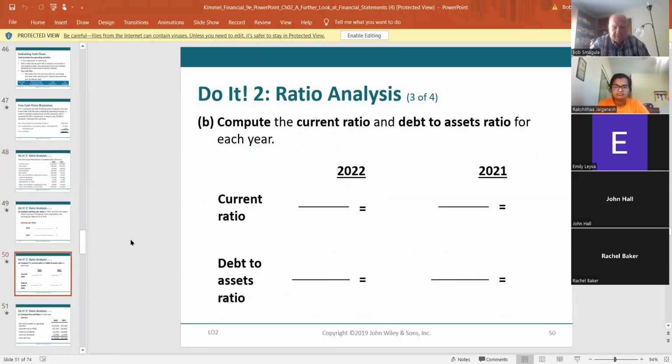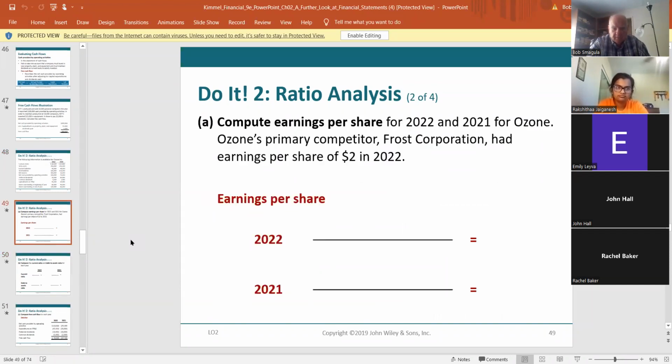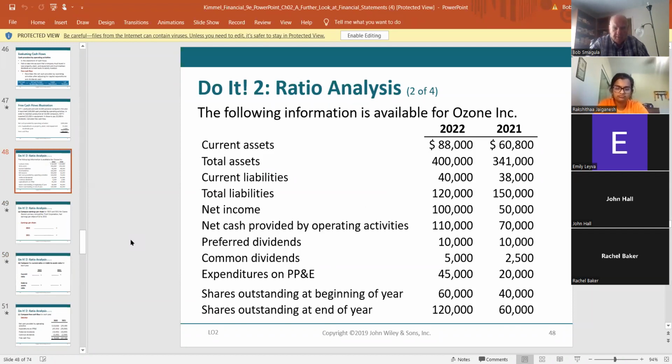Then they want us to talk about debt to equity. We are going to take the net income and divide it by the total assets. Net income in 2022 was $100,000. Total assets are 400.